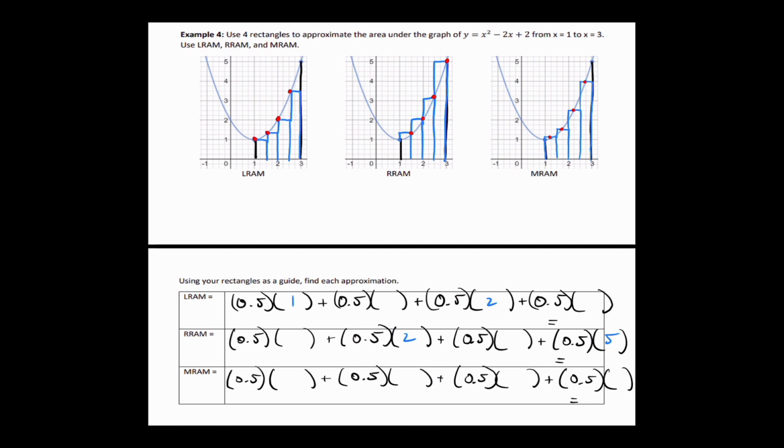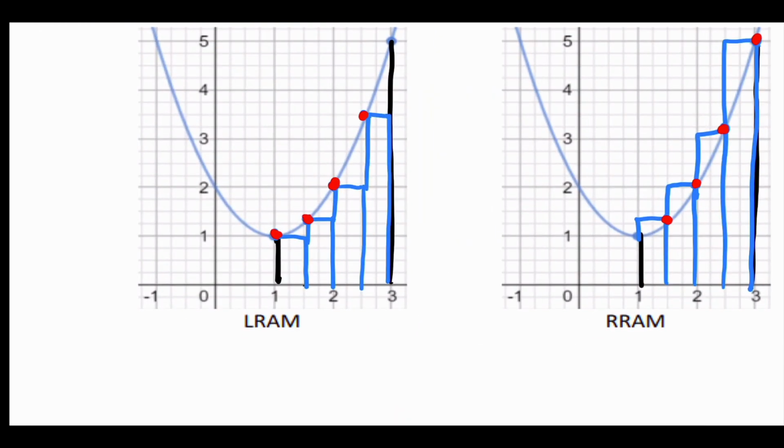So I have a question on some of these. Some of the heights are pretty easy, right? Like this guy right here, the base is 0.5, the height is 1. What's the height of this guy here?